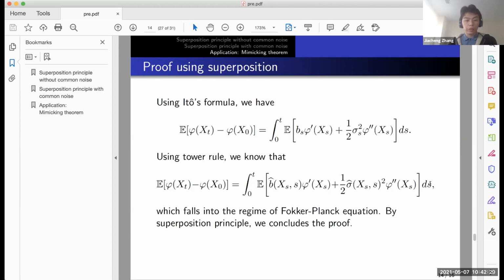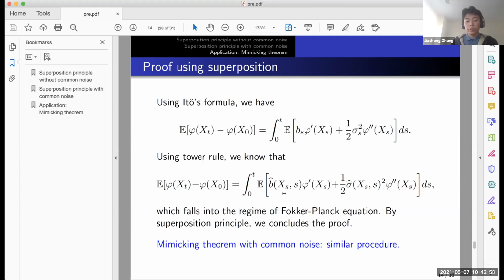Then by the superposition principle, we can construct another X hat and W hat such that they have the same marginal distribution, since this marginal distribution solves this equation here, and also this X hat has very nice drift and diffusion, in the sense that they are just some function of X_s and t.